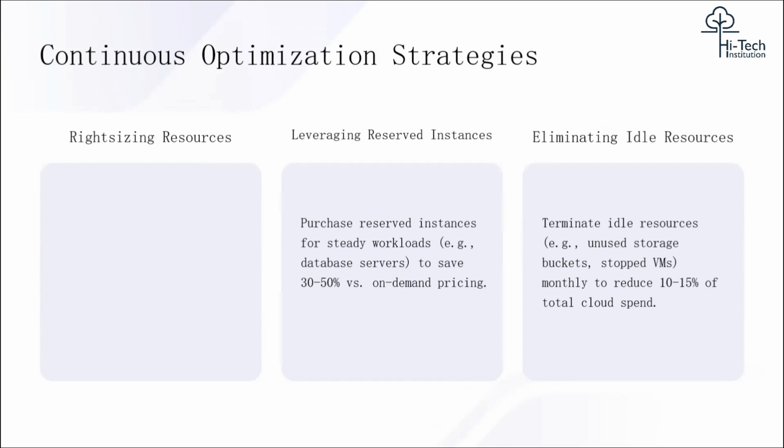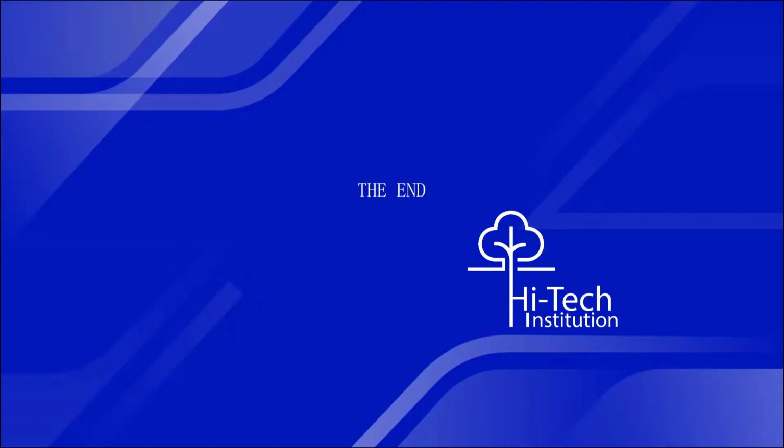Even if you stop the instances, or even if you don't use the storage, we still get charged a little bit from there. So if you remove those unwanted or unused resources, this can reduce 10 to 15% of total cloud spend. So that is the thing.